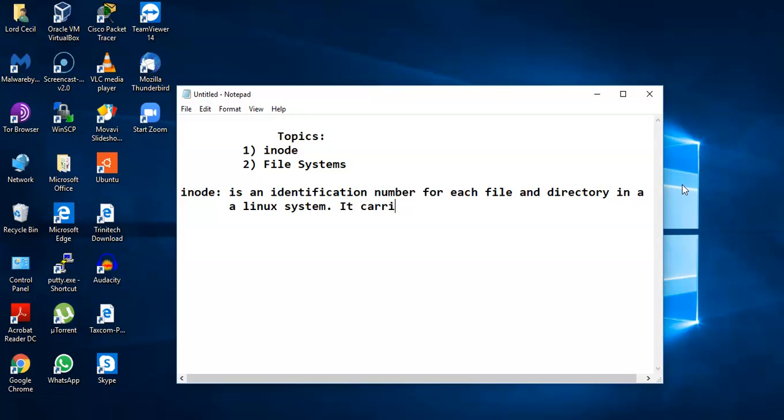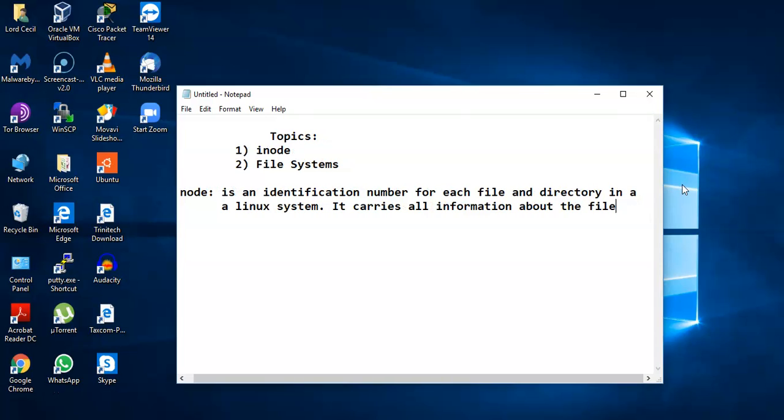We also say it carries all the information of the file or the directory.